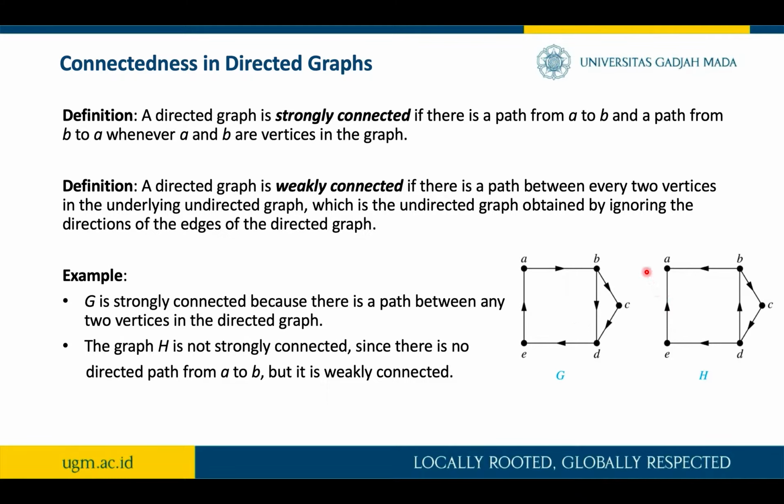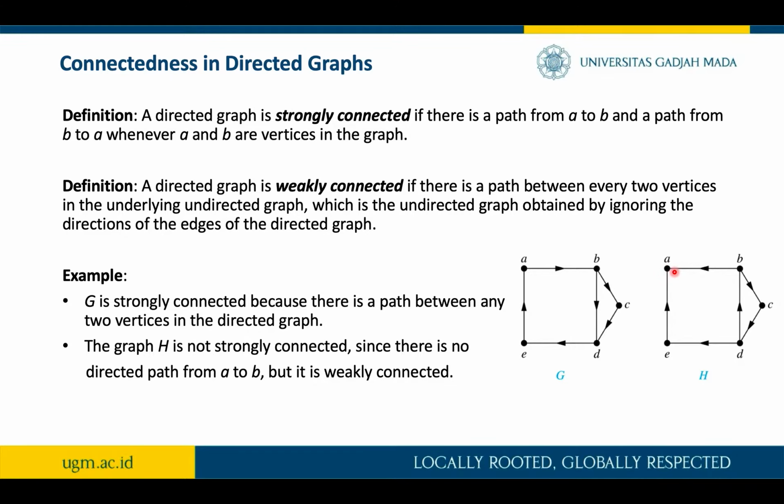But we will have a better example here, graph H. Graph H here is not strongly connected because, for example, from A to T we do not have a path at all, because A is only a terminal vertex here.